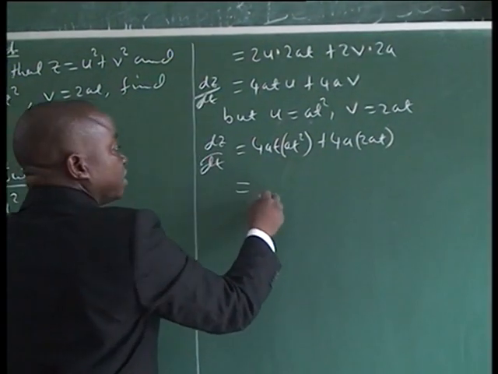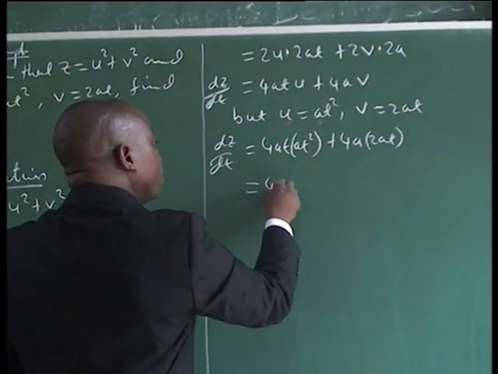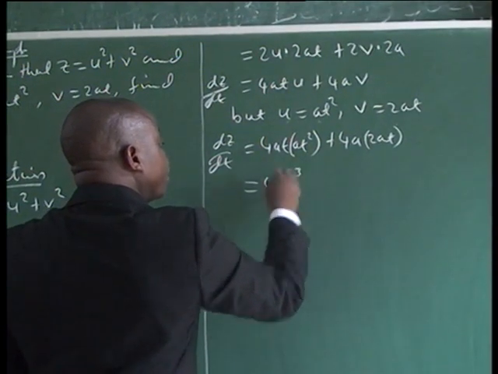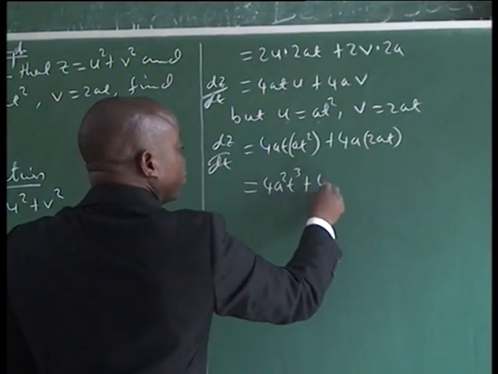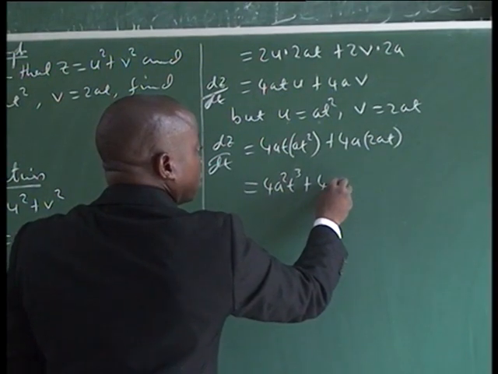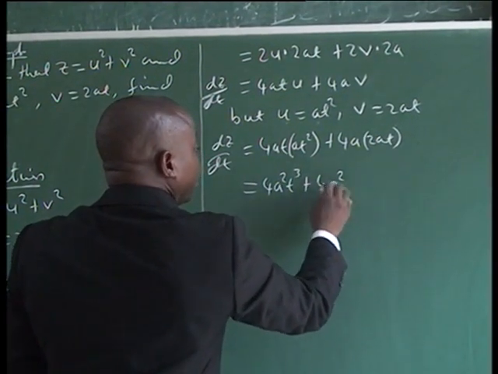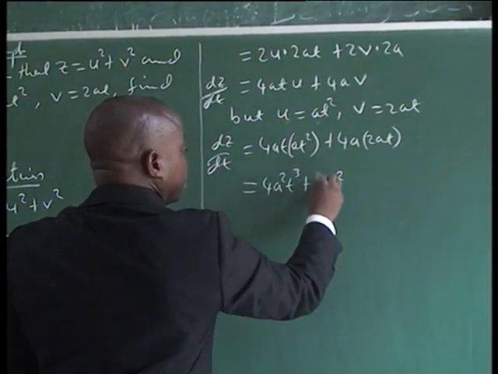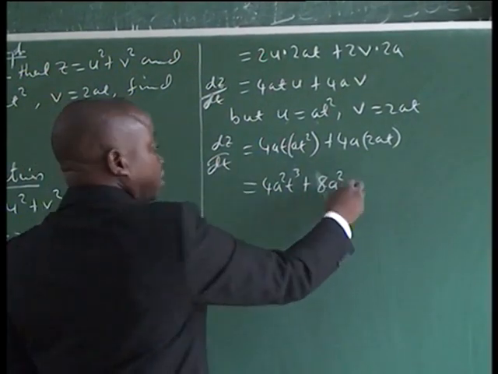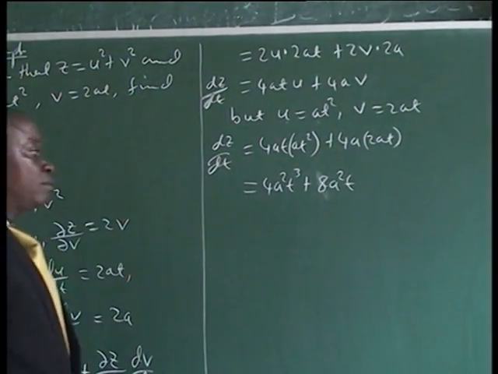Okay, and so this will give us 256t cubed plus 128t.